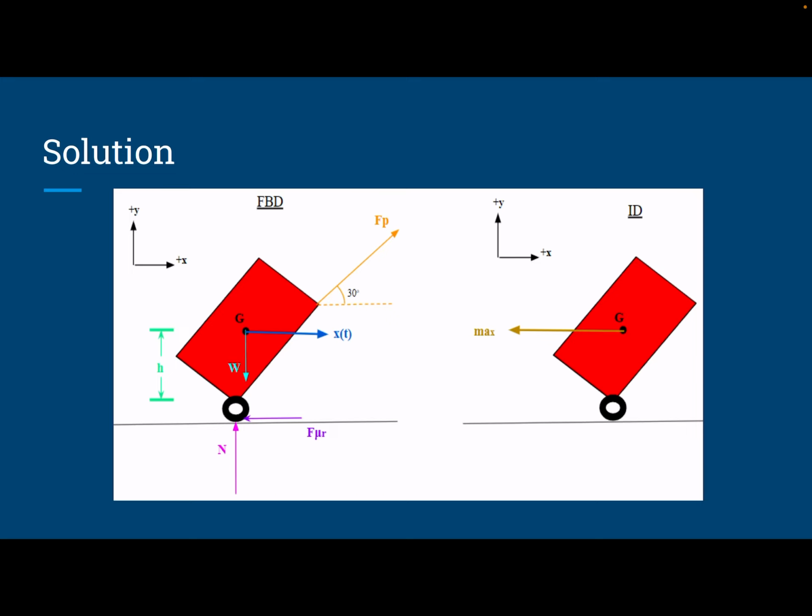The weight force is being applied downwards from the center of gravity G, and the force of pull Fp is being pulled from a 30-degree angle above the horizontal. Since the traveler was moving to the right, x of t would be pointing right. But in the inertia diagram, because of our assumption that the force of static friction is to the left, ma_x would be pointing to the left.